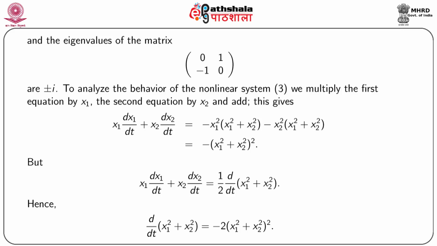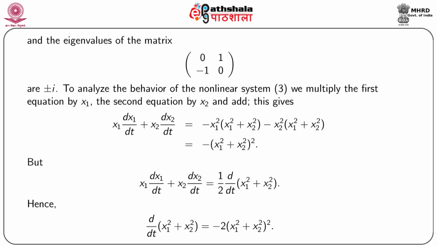The eigenvalues of this matrix can be easily calculated. We consider the equation determinant of A minus lambda I is equal to 0, and the characteristic equation will be given as determinant of [0 minus lambda, 1; -1, 0 minus lambda] equal to 0.